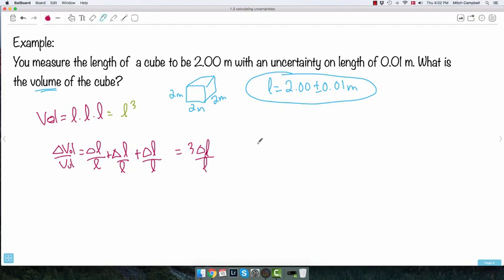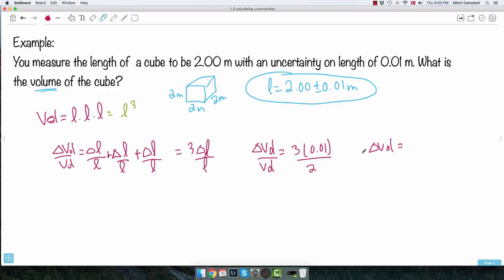So in this case, delta volume over the volume is going to be 3 times the uncertainty on the length, which is 0.01, divided by the length itself, which is 2. And I have it times 3 right here. So we can figure it out. Oh, and we have the volume itself. We actually have to figure that out because we want delta volume by itself.